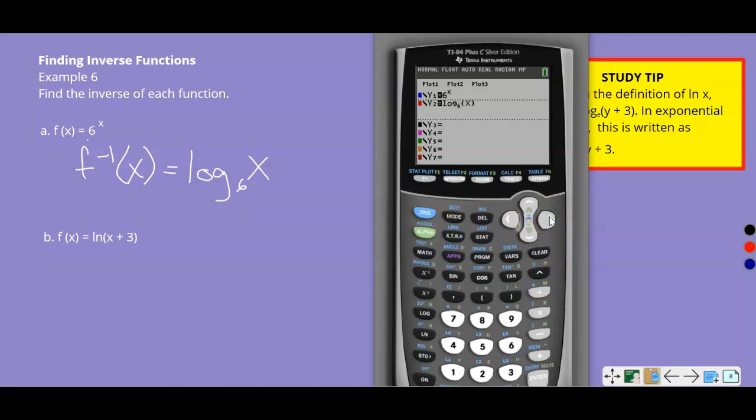All right, now you will be able to use a change of base formula as well if you don't have this log base button, but this log base button should be on any updated calculator, and it makes it very nice. Remember, the y equals x is this dashed line, this invisible dashed line that goes through quadrants 1 and 3.